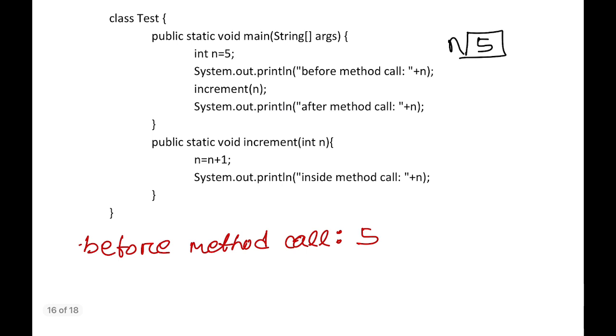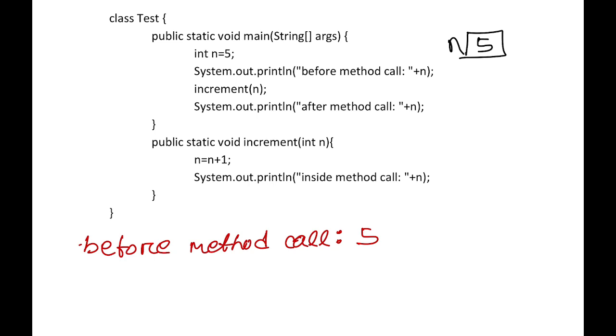Now the next line, that is increment(n). So when this increment method is called, the value of n is passed to here and the control comes here. So n = n + 1, that means the value of n becomes 6.